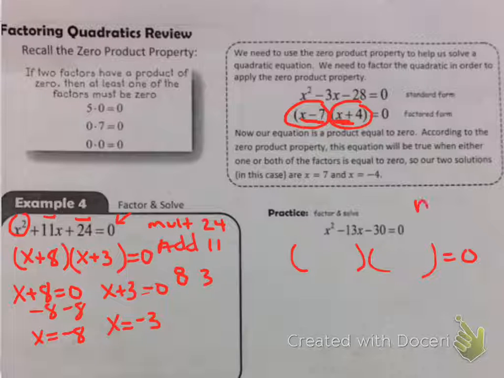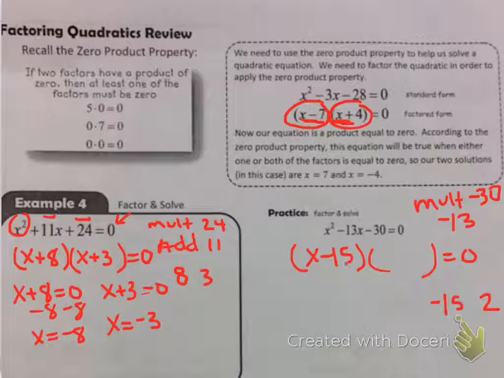Alright, so again we're looking for numbers that will multiply to negative 30 and add to be negative 13. So if we were to list our multiples, I'm thinking I'm going to have to use 15 times 2 to get to 30. To get the negative 13, that 15 is going to have to be negative. So it's going to be x minus 15 and x plus 2.